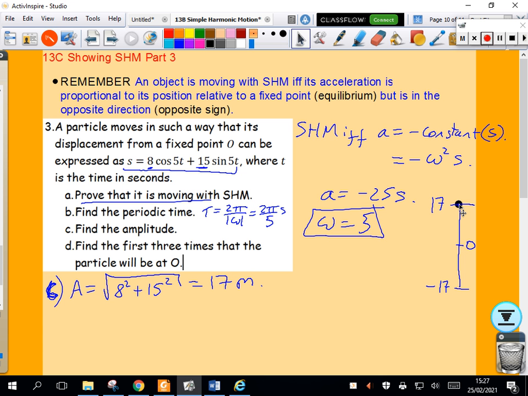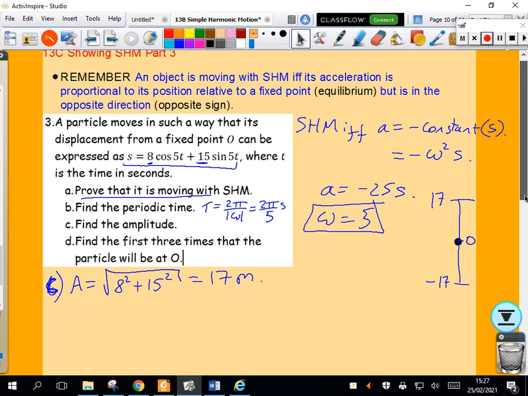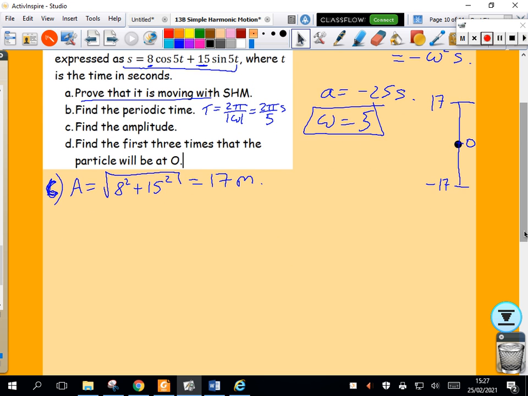Okay, so we're trying to find the first 3 times that the particle will be at the center of oscillation O, which has position 0. So what I'm trying to do is find the 3 times that the particle will be at position 0. So we're trying to find this D part. Really, what are we trying to find?